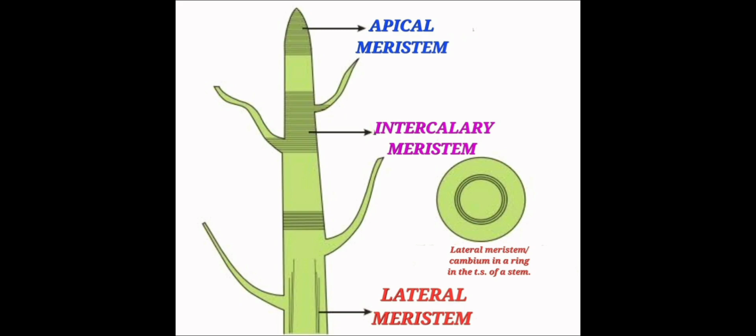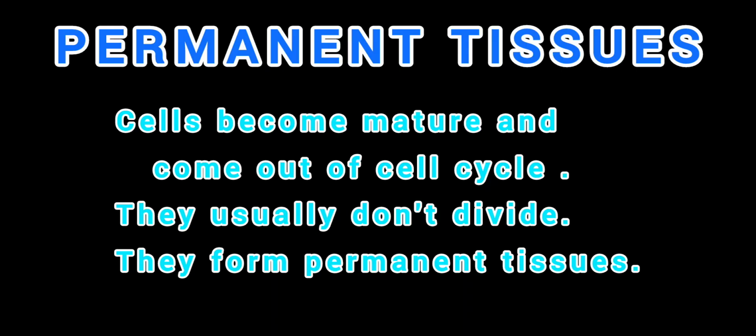So, a permanent tissue is a group of cells in which growth has either stopped completely or at least for the time being. It is possible that in the simple permanent tissue, which is of the parenchyma type, they may sometimes revert back to enter into the meristems, but this is quite a rare case.